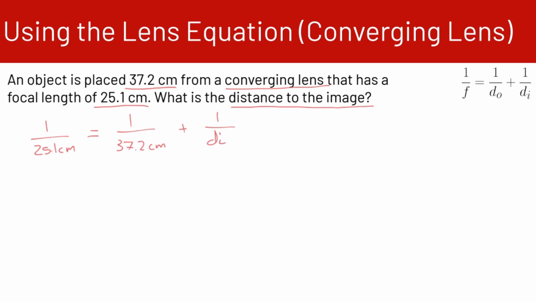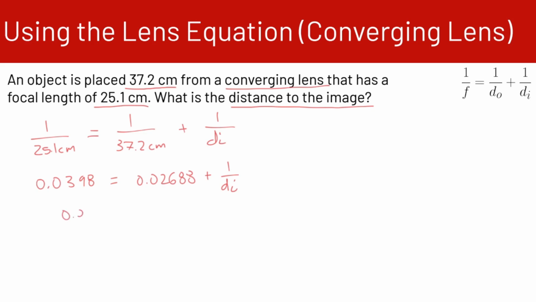So we'll do the math here to simplify. So we have 0.0398 is equal to 0.02688 plus 1 over d_i. So I'm going to subtract the 0.02688 from both sides.